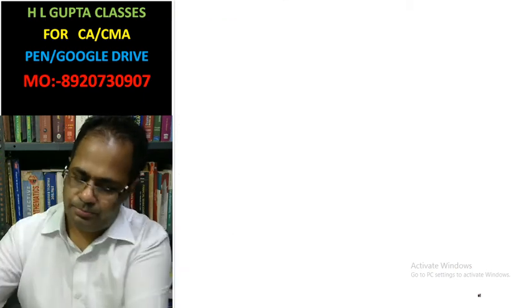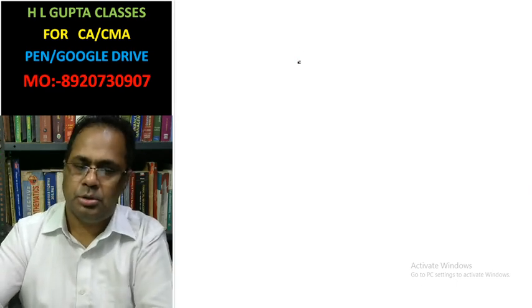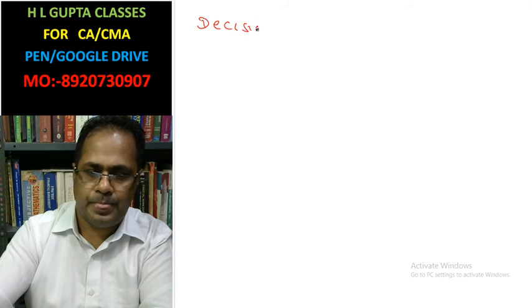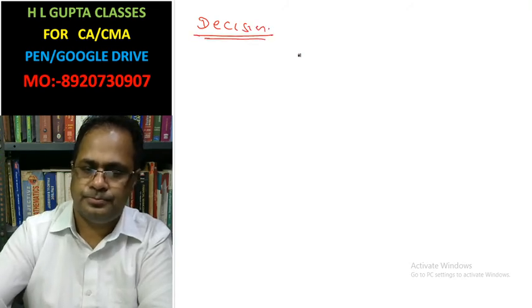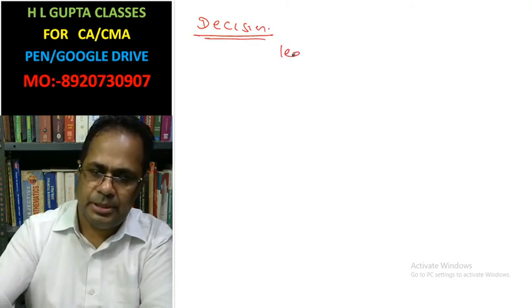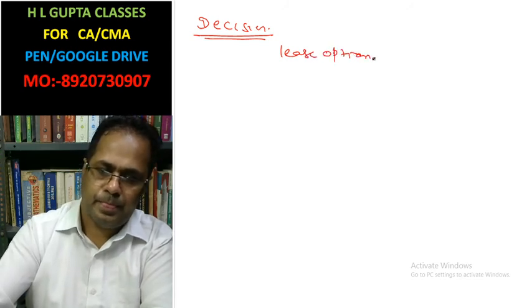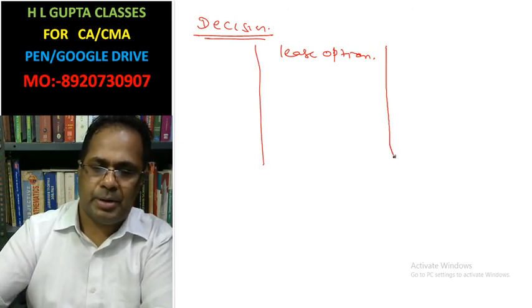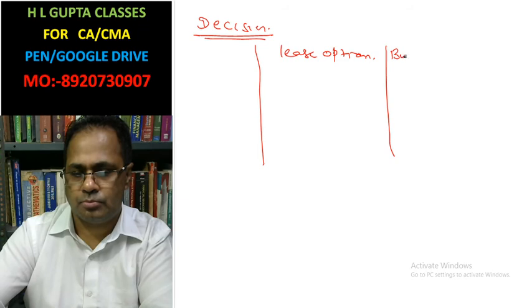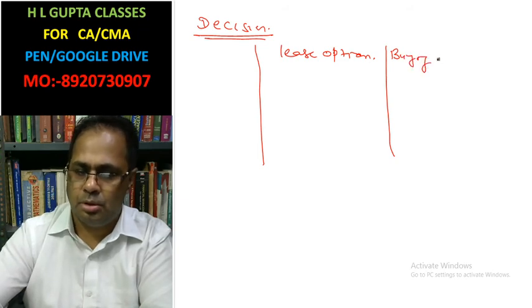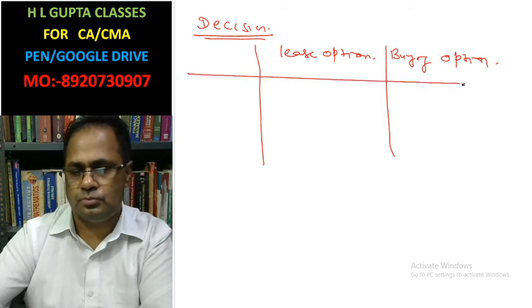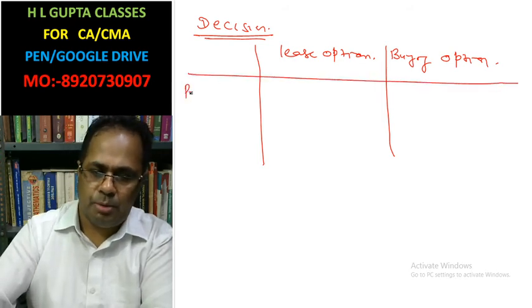Now look at it. Decision we have to give. Decision. In the case of lease option, and this is the buying option. Present value of cost.